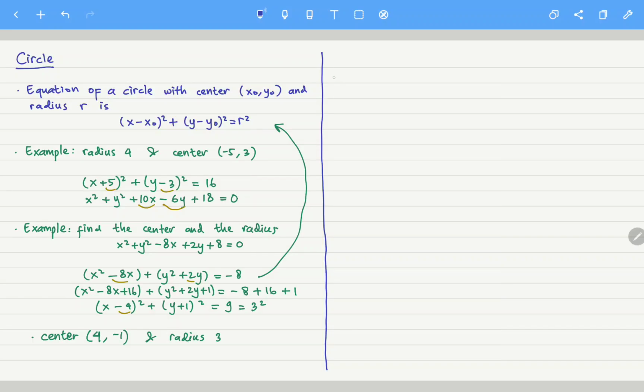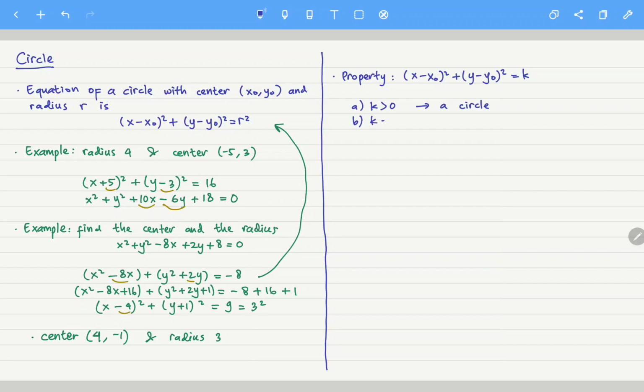And then we also have the following property for a circle. So let's say we have the following circle: x minus x0 squared plus y minus y0 squared equals k. So based on the value of k, if k is greater than 0, then we will get a circle.